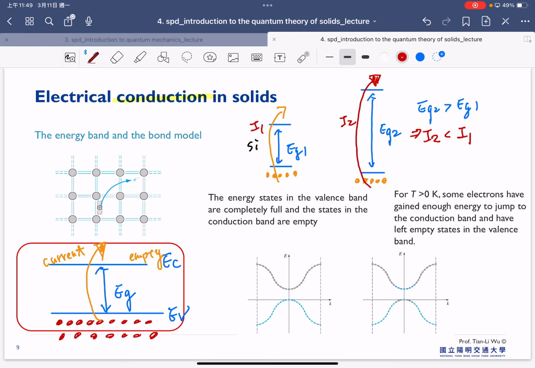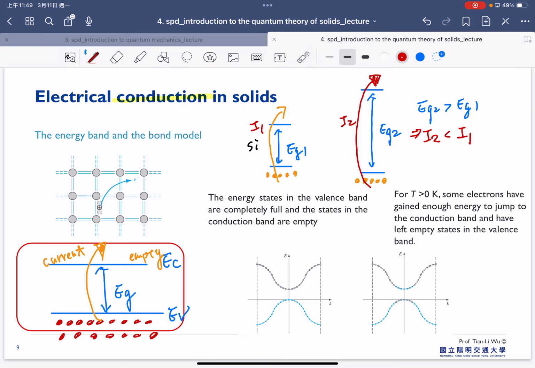If you go back to the introduction part, I drew the band gap with respect to different materials. We have germanium, silicon, silicon carbide, gallium nitride, and diamond. I already mentioned that diamond has the largest band gap and should work as an insulator. So ideally, conduction in diamond is very difficult.